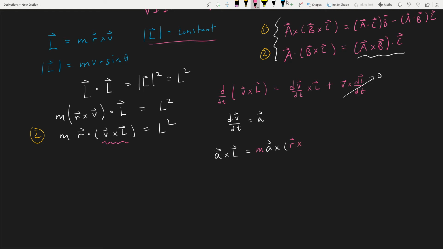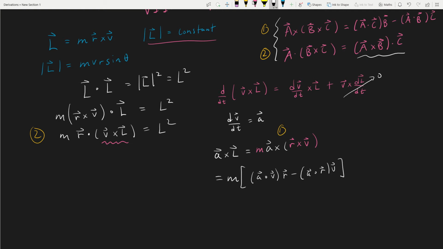So now we need to use the first vector identity that I gave you, and we find that this is equal to the mass, and then, using a big bracket, A dot product with v times the vector r, minus A dot product with r times the vector v.